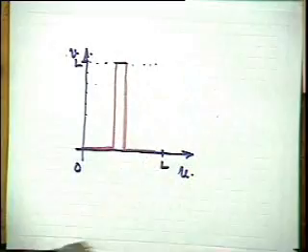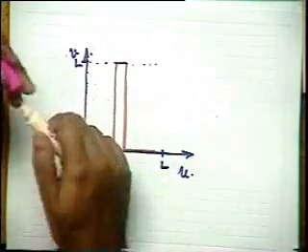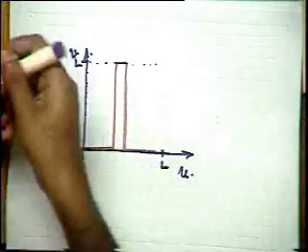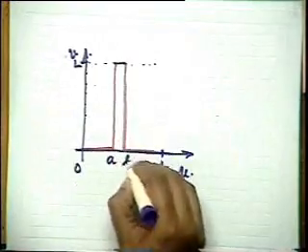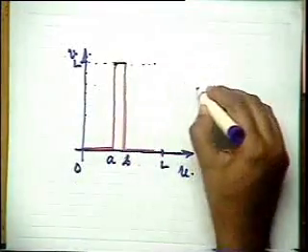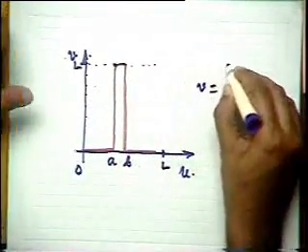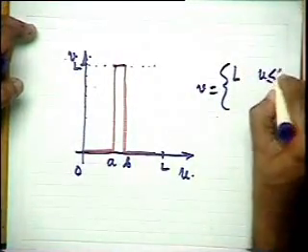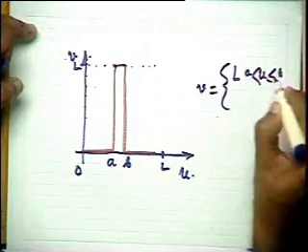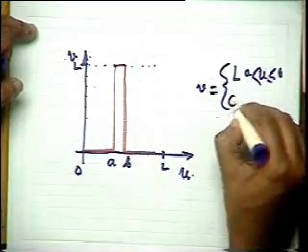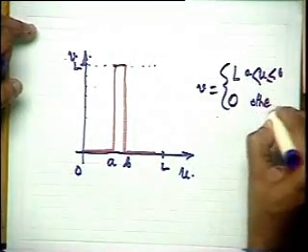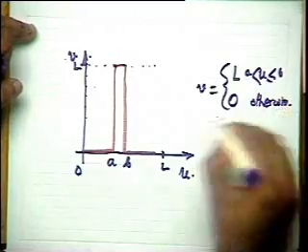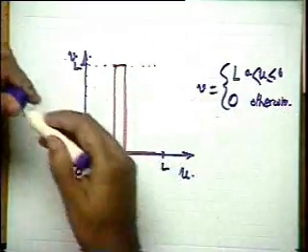That means between the limits a and b, I make v equal to L when u lies between a and b, and it is 0 otherwise. So it results in a transfer function like this.